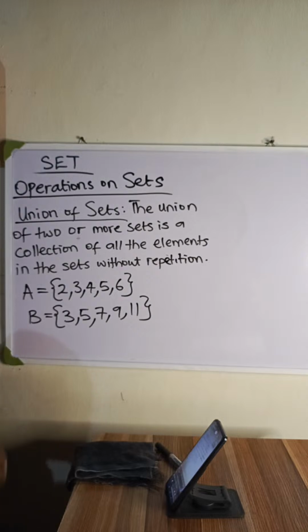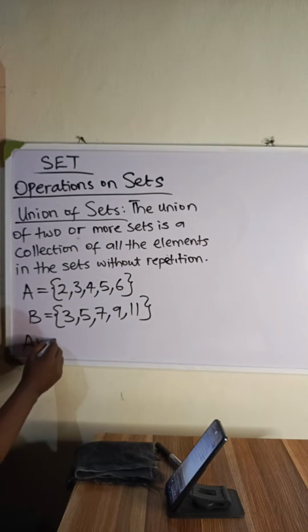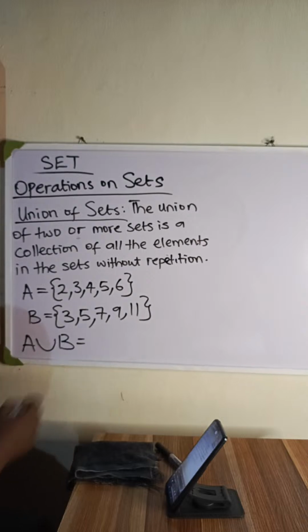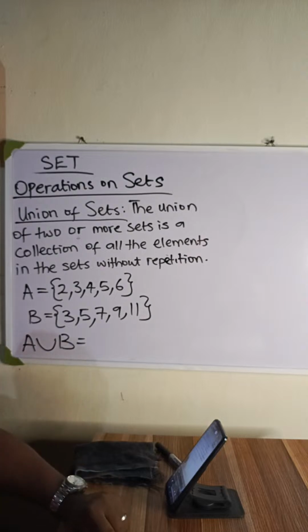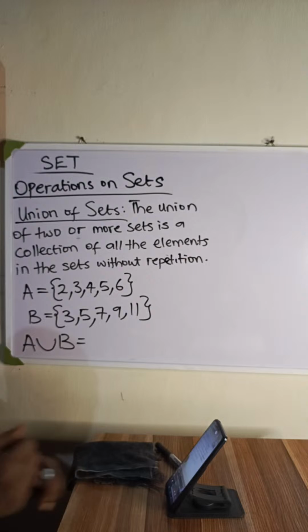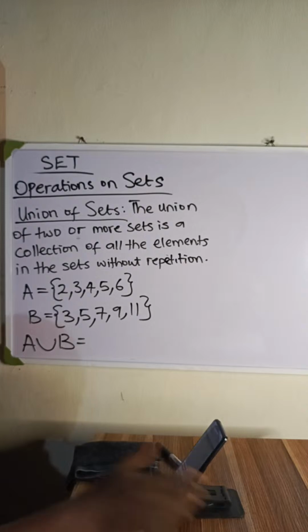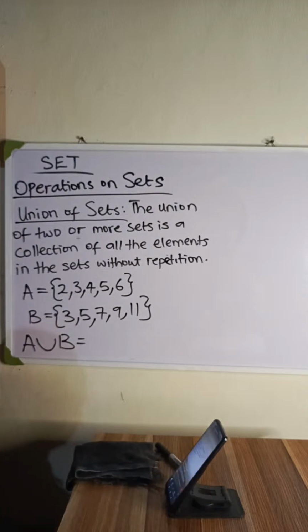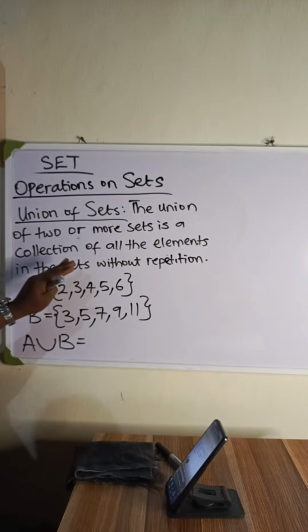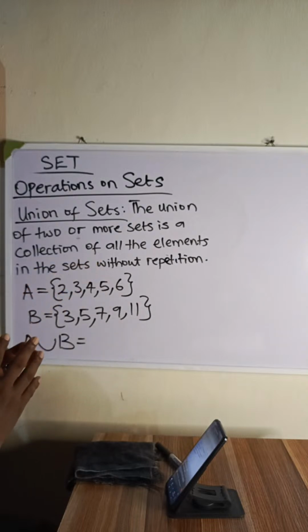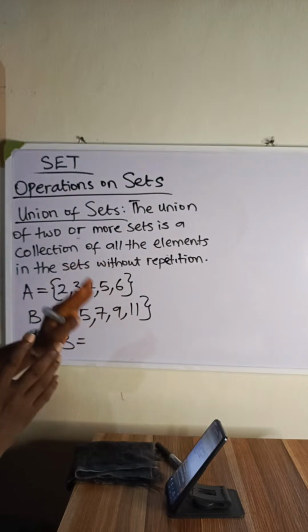The union of the two sets is represented like this: A union B. So A union B, we said, is a collection of all the elements in the sets without repetition.